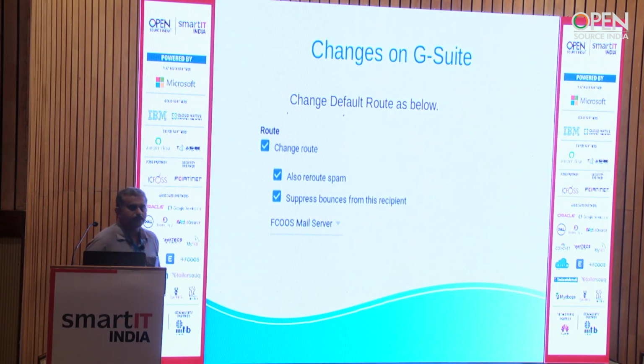It can be iRedMail, any other Linux server, or any other server in fact. If you want anti-spam protection, you can also use that. In the initial stage you may not want to send bounces to your end sender, so you can suppress the bounces, that option is also there.